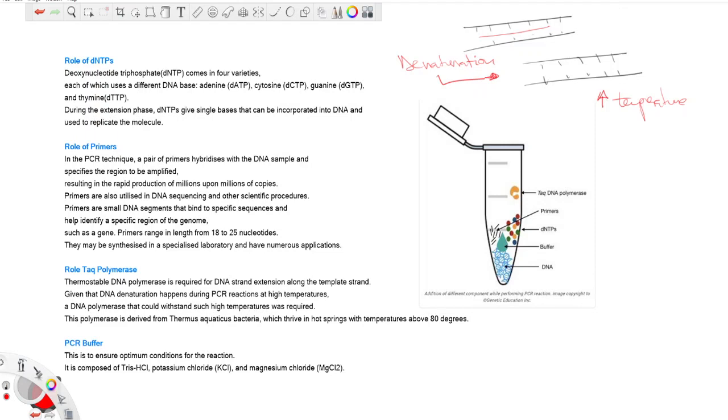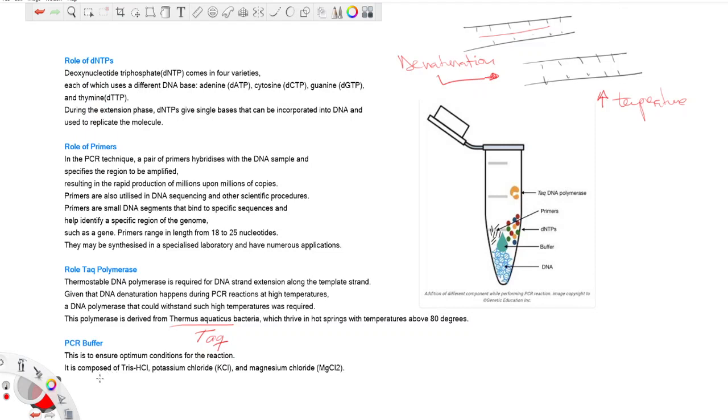So the assumption was that the polymerase should be fine and continue to synthesize new DNA strands at higher temperature. That's the reason why we use polymerase from Thermus aquaticus, and for short, we always refer to it as Taq polymerase.